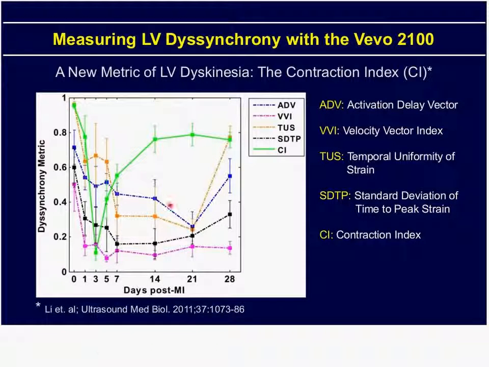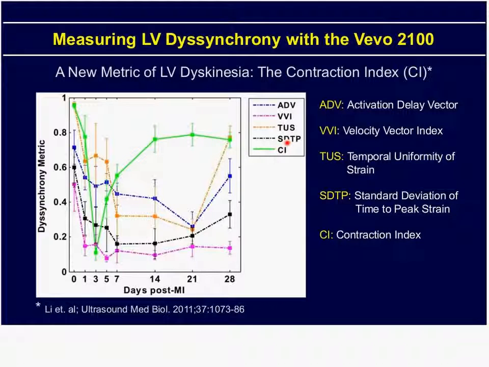In that paper, we compared this new metric against a variety of existing metrics, and you can see that the contraction index in green is quite sensitive to the dysfunction that occurs shortly after MI, days 2 to 3 post-MI, and that it's not very sensitive to the dyssynchrony that occurs later.